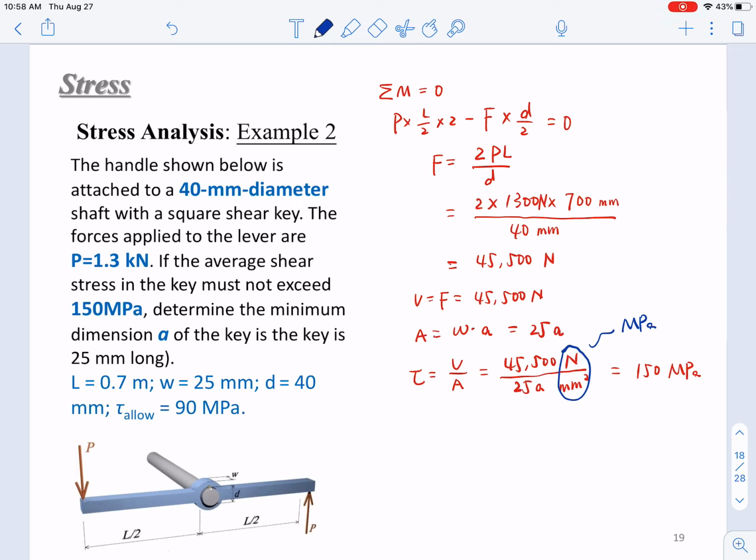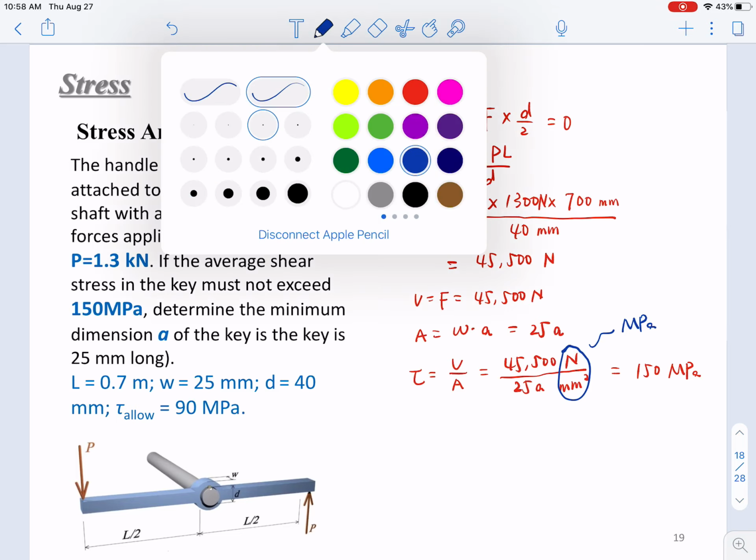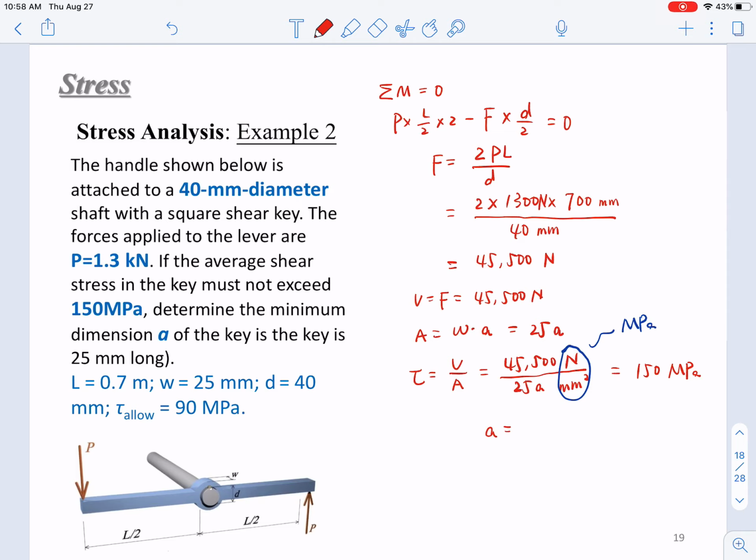After that, we can calculate the A. The A will be 45,500 over 25 times 150. So we can get 12.1 millimeter. This is the size A determined from these numbers.